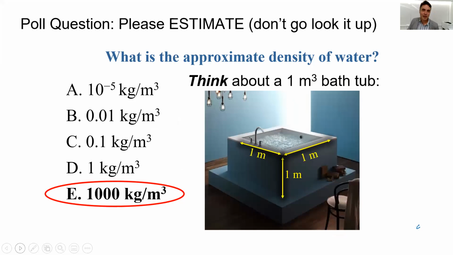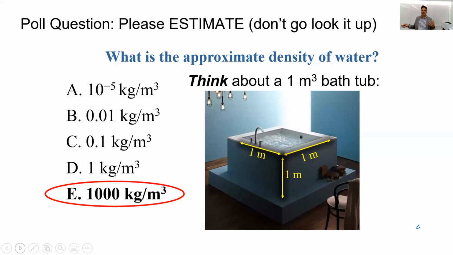You can't look it up, but if you think about what a meter cubed is, it's a meter high, a meter wide, and a meter deep. So if you think of a bathtub filled with that much water, the question is, D, would that weigh 1 kilogram, or E, would that weigh 1,000 kilograms?